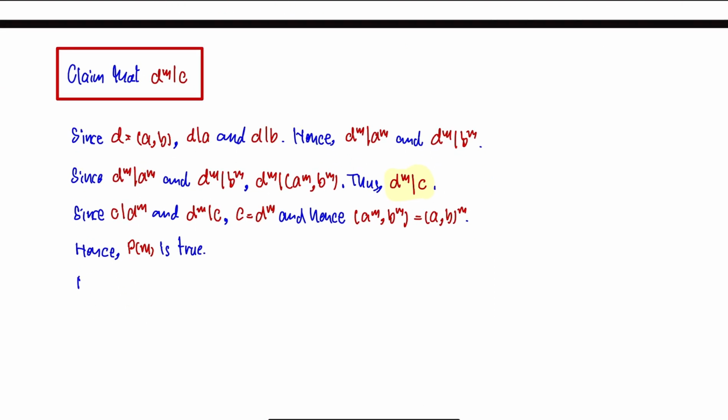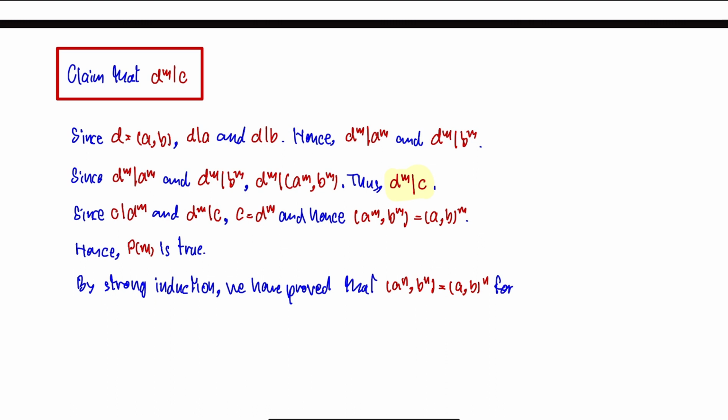So by strong induction, we have proved that the greatest common divisor of a to the n and b to the n equals the greatest common divisor of a and b raised to the power of n for every positive integer n.